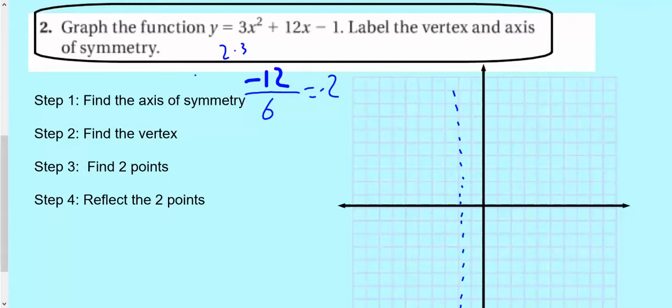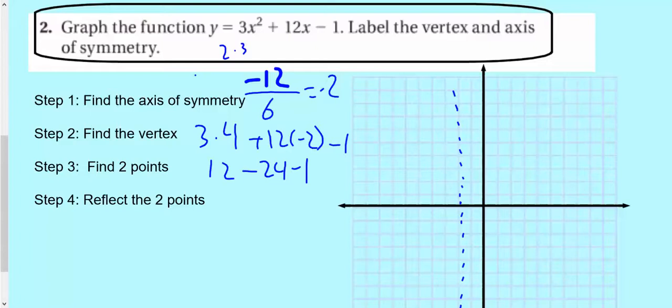Find the vertex. Okay, so I'm going to plug in negative 2. 3 times negative 2 squared is 4, plus 12 times negative 2 minus 1. 12 minus 24 minus 1. And that would be negative 13. So my vertex is negative 2, negative 13.